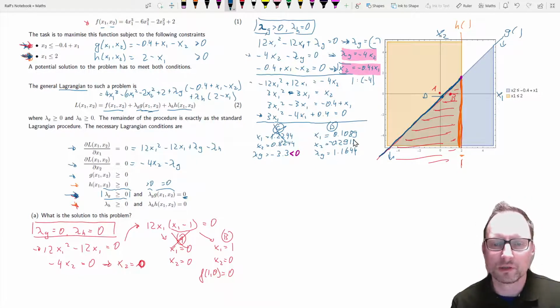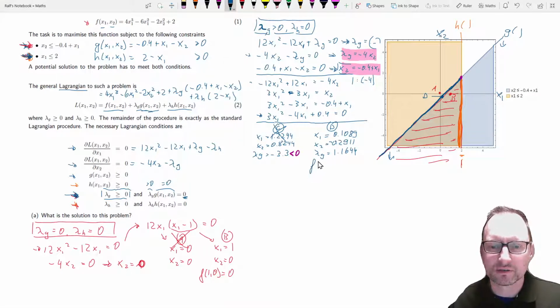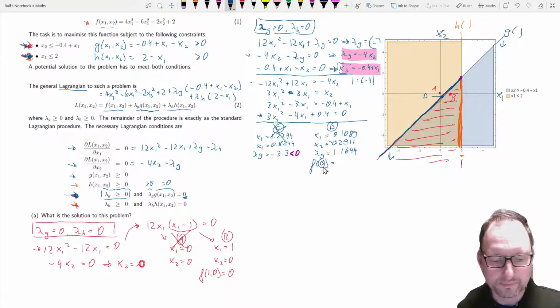So that's all good. So this point is a candidate solution. Let's find out what the function value at that point is. The function value at point D, so let me not repeat the coordinates, at point D. You can plug all of these values into the function, and when you do that, what you get is 1.7645.